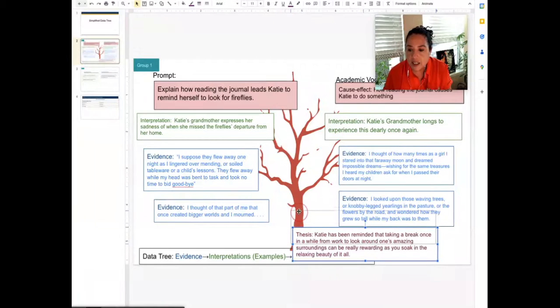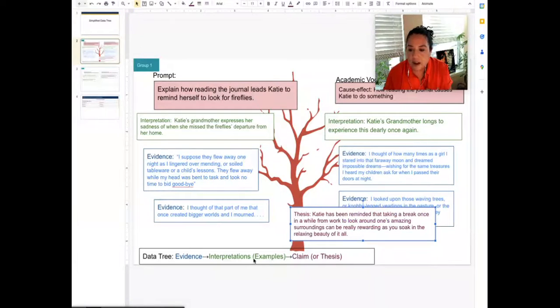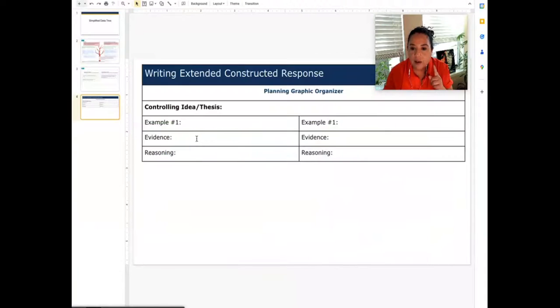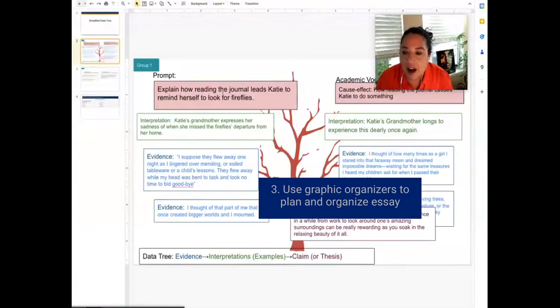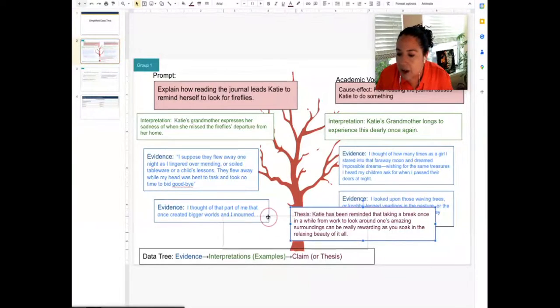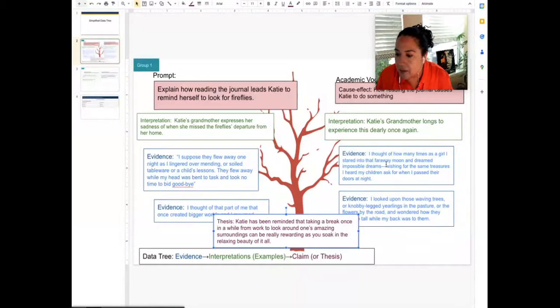With that interpretation, the interpretation becomes that one example that can then go into the example for the first body paragraph. And I would just use one of those pieces of evidence that best supports that example and write my reasoning. Same thing with the second body paragraph. The students were asked to group their evidence together.